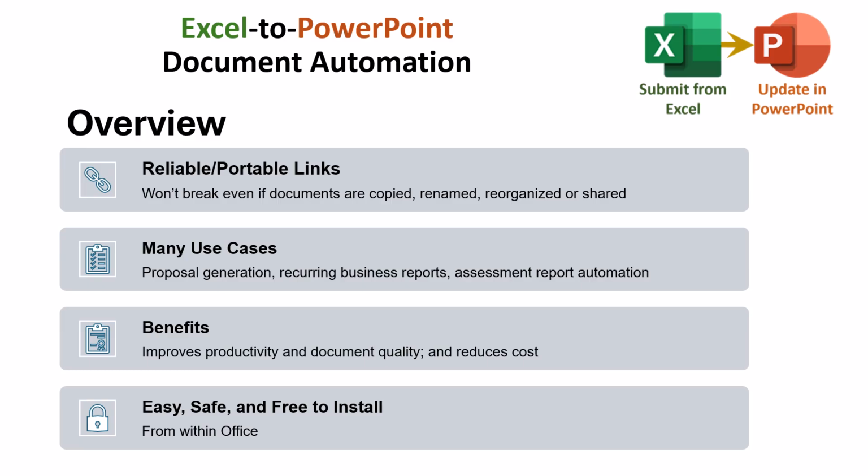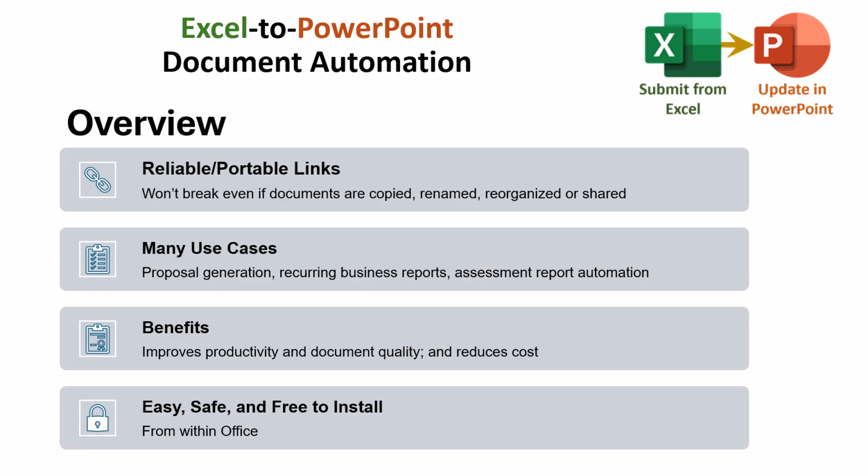The Excel to Word document automation add-in enables you to update content in any new or existing PowerPoint presentation. It uses reliable portable links that won't break even if you change file names, reorganize content, make file copies, or share the files. It is used successfully in a wide variety of use cases, from proposal generation to updating of monthly financial reports.